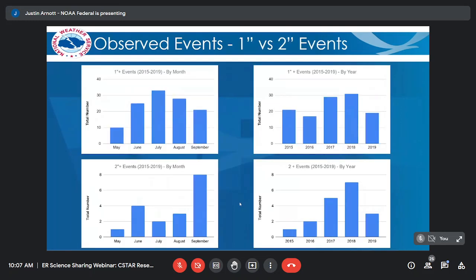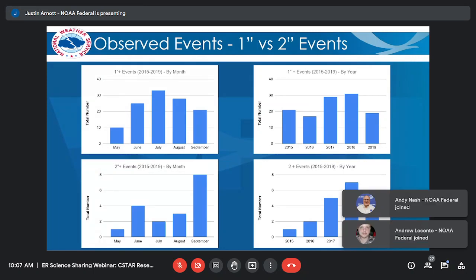I've done the same here with 1 inch across the top and 2 inch across the bottom. And so the plots across the top are exactly what you saw on the last slide, and I just added the 2 inch ones. And what you can see is September tends to stick out for the 2 inch events, and there's 2 reasons likely for this.